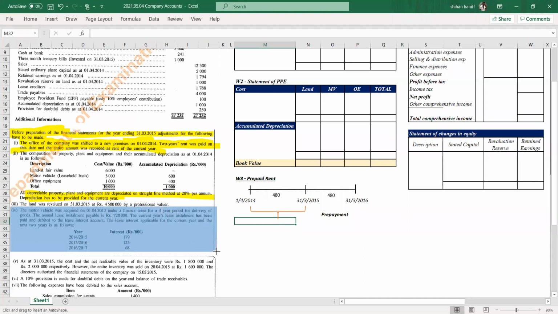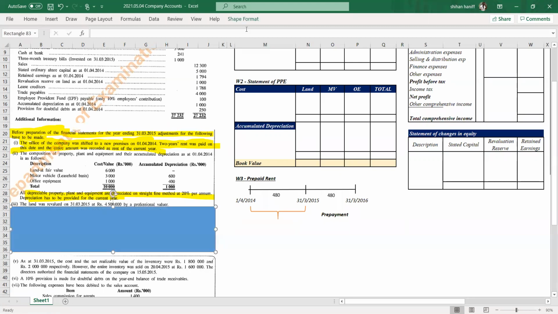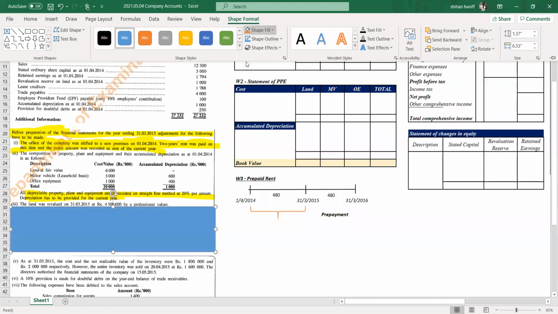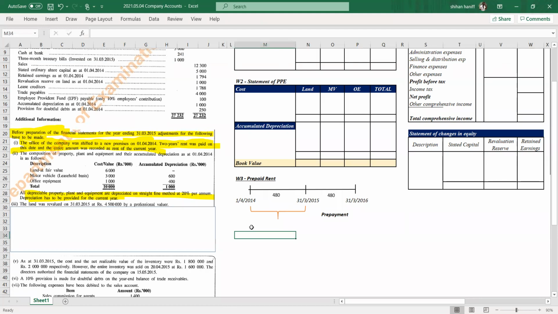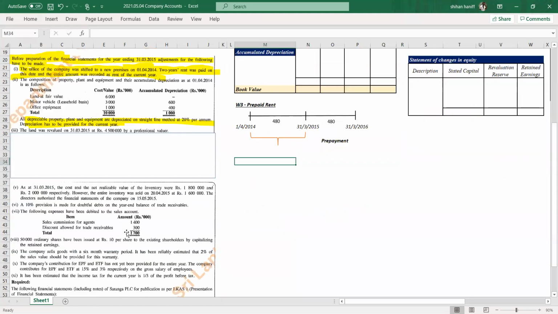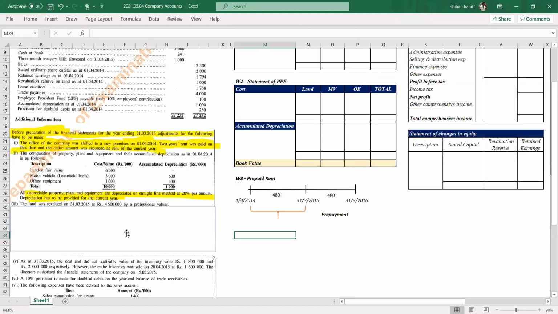I will explain that change and everything, and after that, the lease adjustment. We will keep that and do the rest. It won't affect the question.